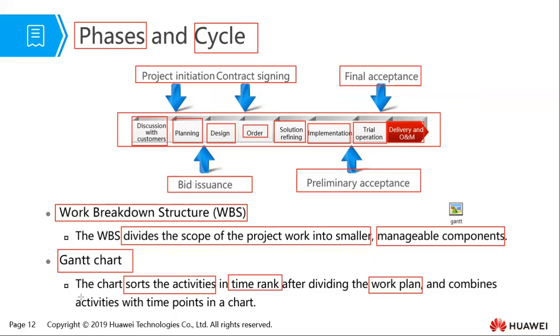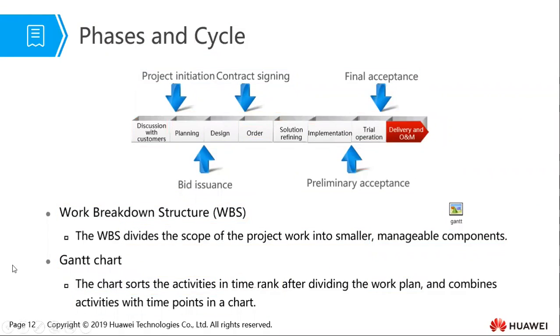I'm sure most of you are already familiar with how a Gantt chart works. If you're not, please Google. So really, it combines the activity with time points in a chart. It arranges the work within a phase and the time that it's going to take in order for that phase to be deemed complete. Okay.